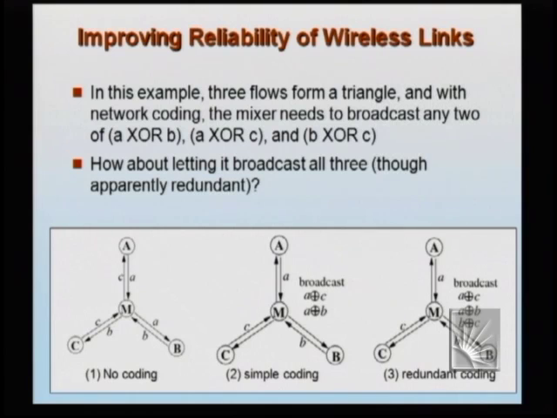And node C has C already and needs B. But if it receives both packets, we can XOR 3 packets together and we get B. So that's the case with the simple coding scheme. Basically, we broadcast 2 packets.